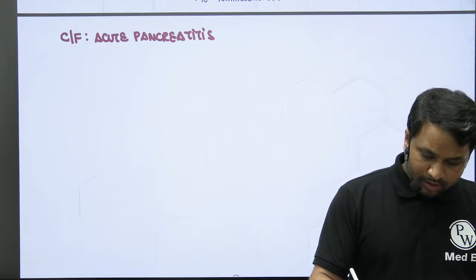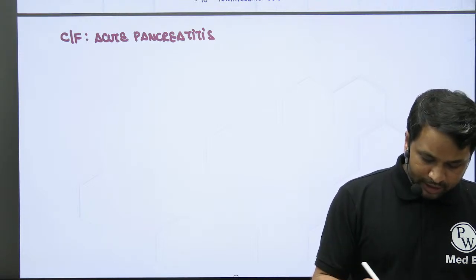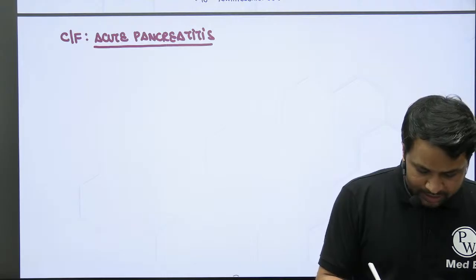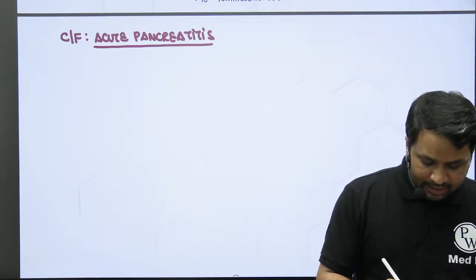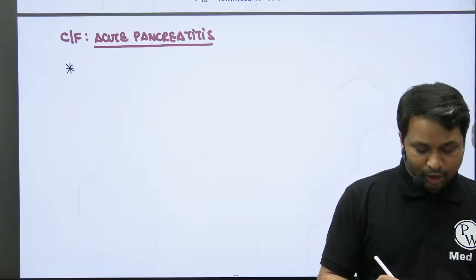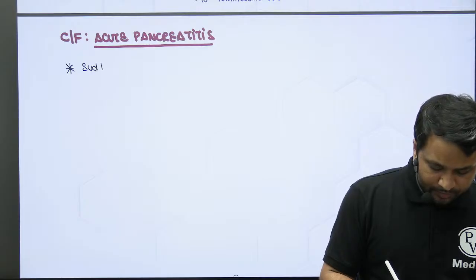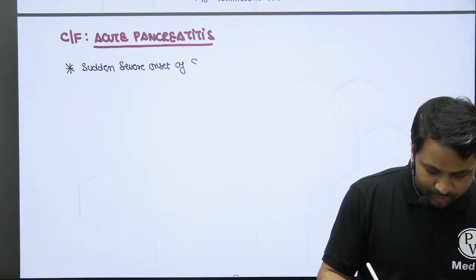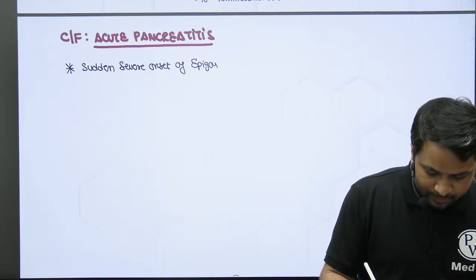So when you talk about the clinical features of acute pancreatitis, if you have worked in casualty, it's like a small story that you have to remember. Any patient of acute pancreatitis will present to you with sudden severe onset of epigastric pain.